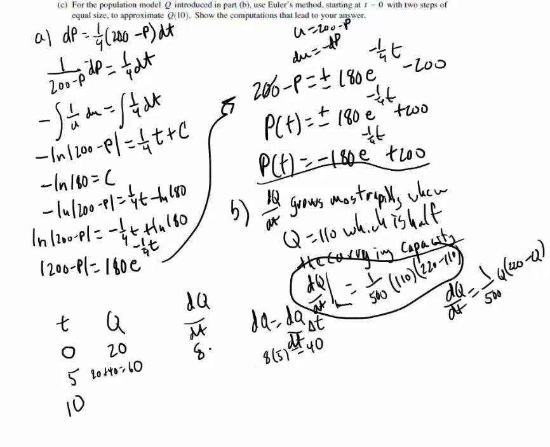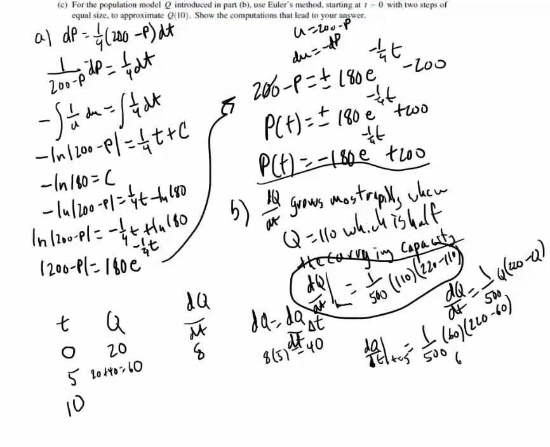I kind of skipped showing the math here, but remember, you should show the math like I did on this one and I did on this one. Okay. So now I'm going to find dq/dt with those numbers. So dq/dt at t is equal to 5 is going to be 1/500, replace q with 60 now, and then 220 minus 60. And this was a non-calculator problem, so you'd have to do this in your head.